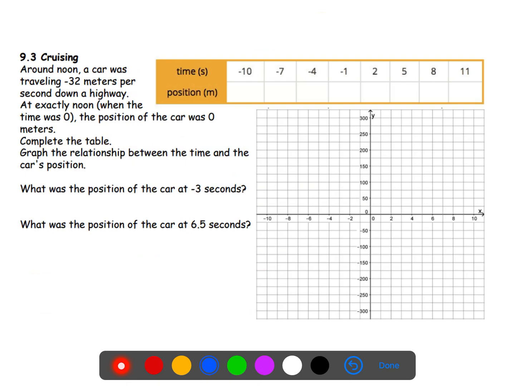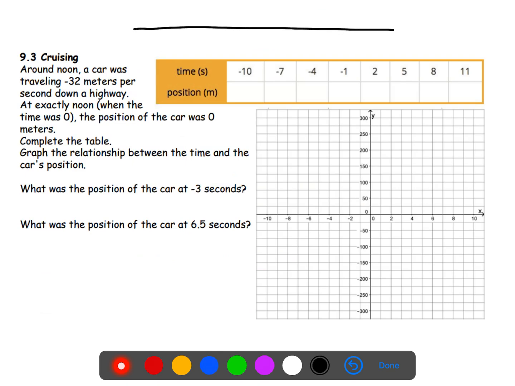All right, let's look at another example. It says around noon, a car was traveling negative 32 meters per second down a highway. At exactly noon, when the time was 0, the position of the car was 0 meters. Complete the table. So, let's draw that.